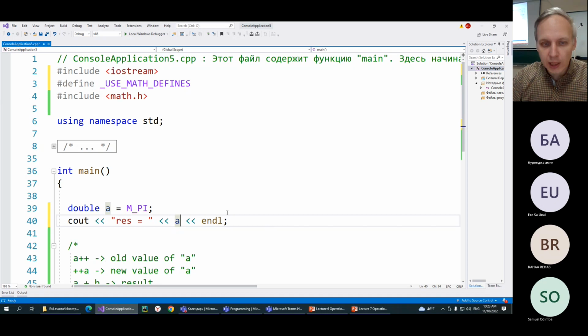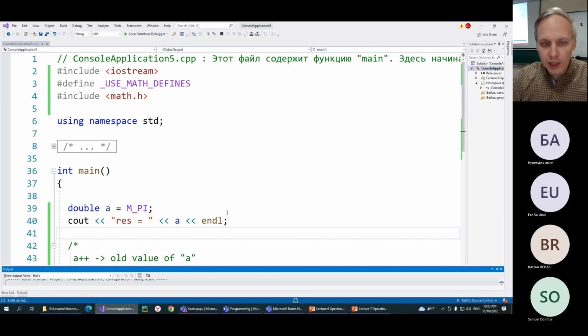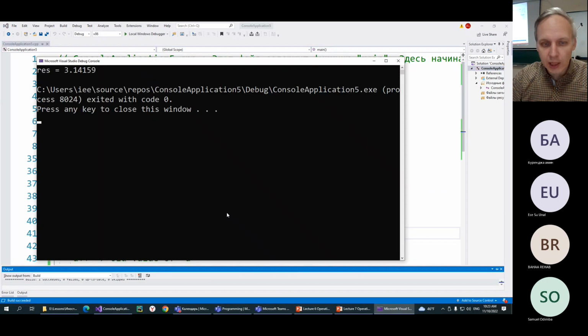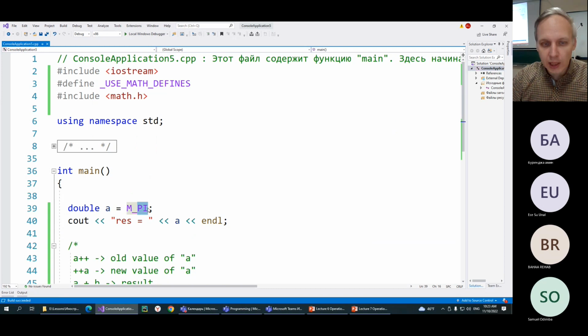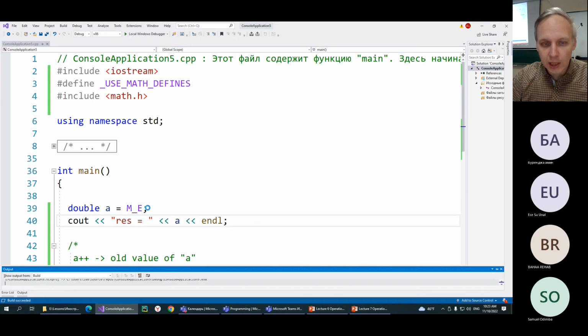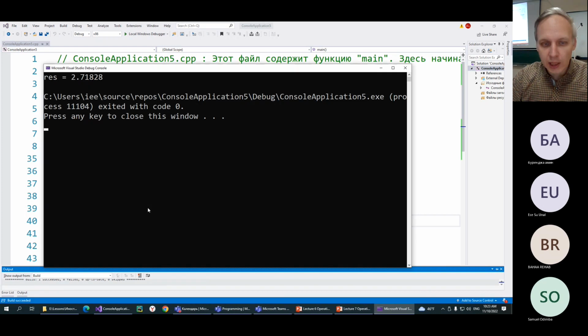And if I output now the value of a to the screen, I will see that a equals pi, 3.14159, and so on. I can use also the constant M_E. And now we will see the value of the number e, 2.71828, and so on.